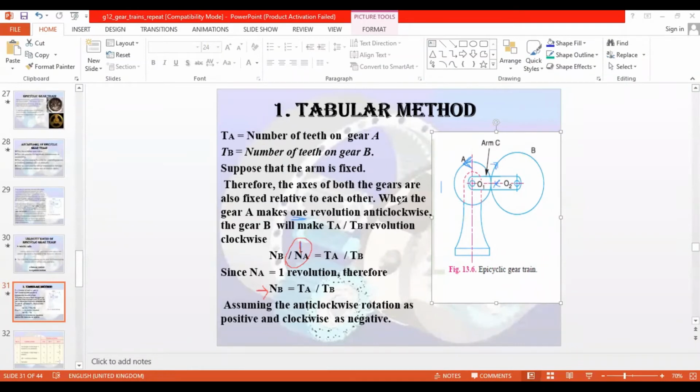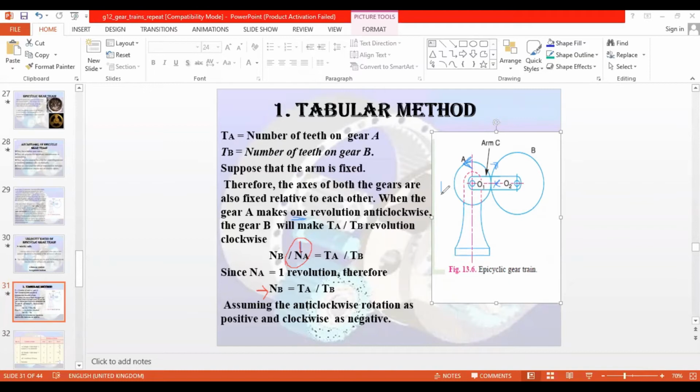So that's what is mentioned: when the gear A makes 1 revolution anticlockwise, the gear B will make TA by TB revolution clockwise, right? TA by TB revolution clockwise. Assuming the anticlockwise rotation as positive and clockwise as negative.